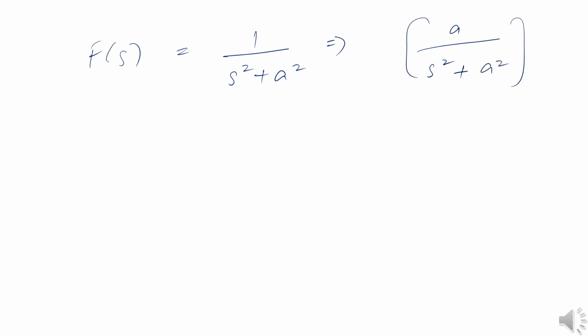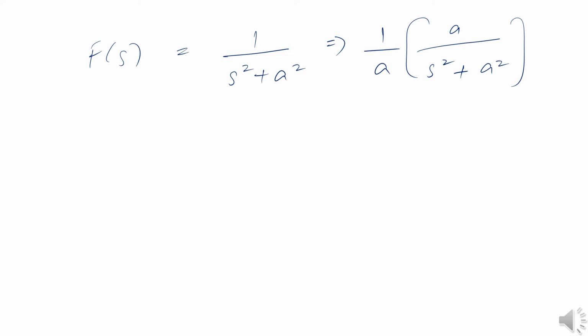Now F of s is equal to 1 over s squared plus a squared. In the denominator I can see that it is a function that makes f of t a sine function. So if I multiply by a in the numerator, I have to divide by a in the denominator.